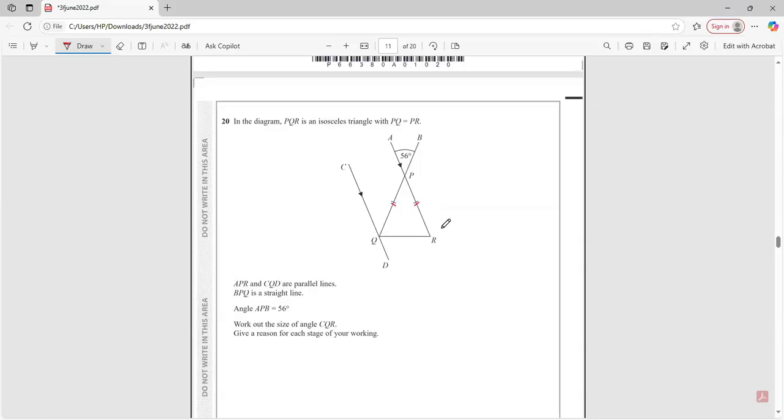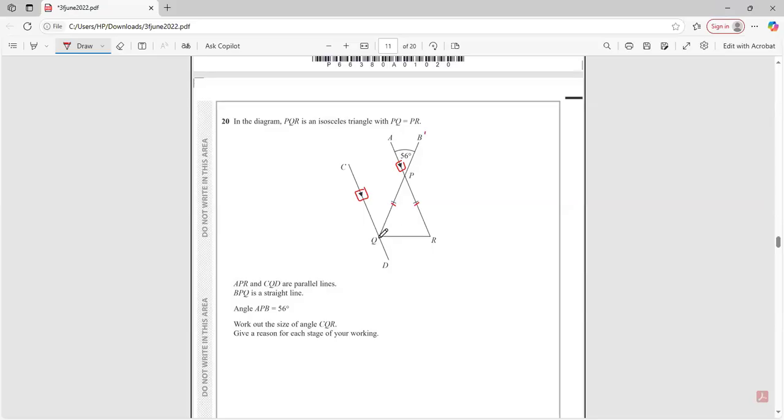Equals PR, sorry. Next, we're now told that APR and CQD are parallel lines. This is actually what shows that they are parallel. This and this are parallel lines. And what does it say next? BPQ, where's BPQ?